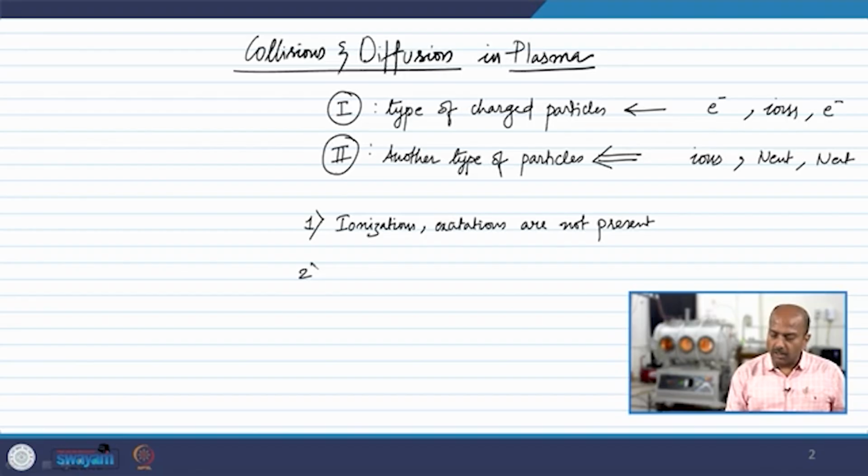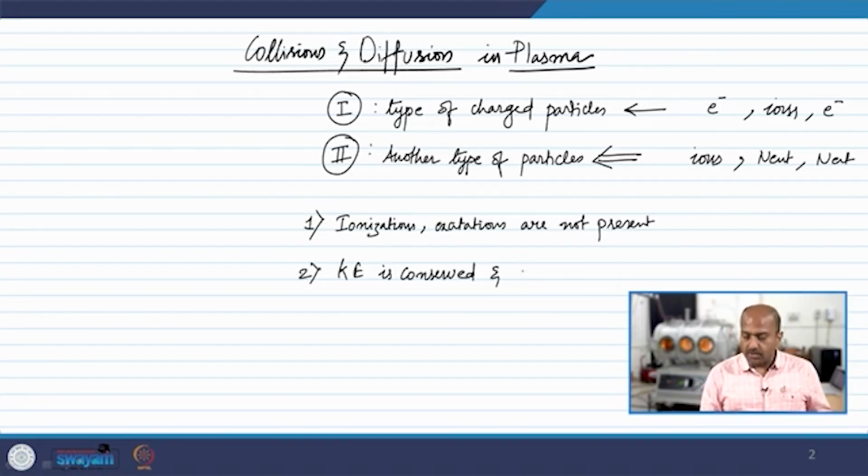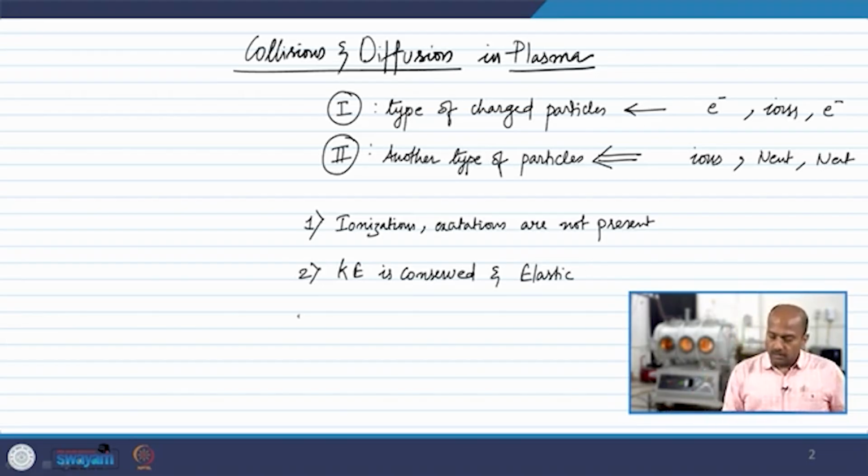And we assume that the kinetic energy of the type 1 particles is conserved, and we will also assume that the collisions that they will do with type 2 are going to be elastic in nature. And the third assumption is type 1 charged particles are made up of several particles of equal mass.